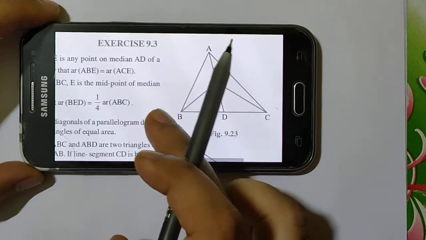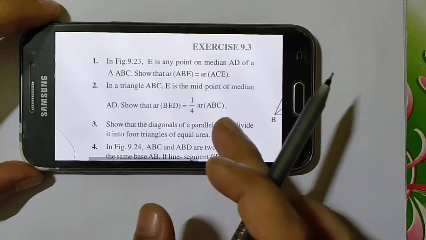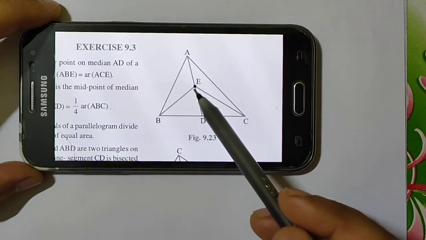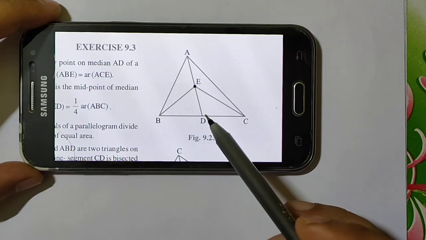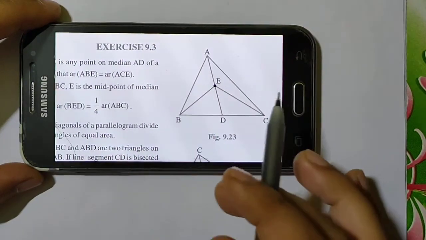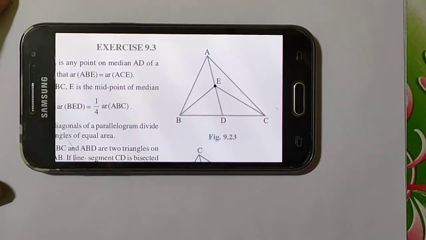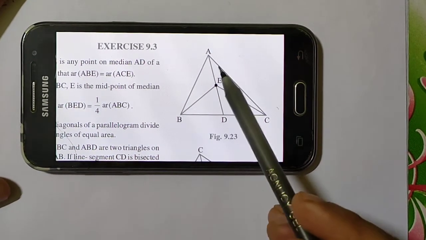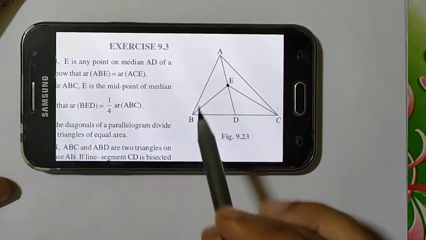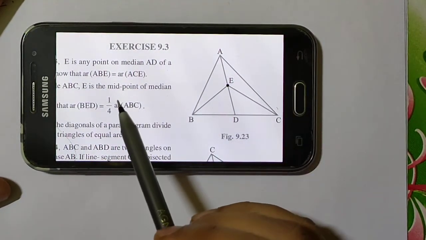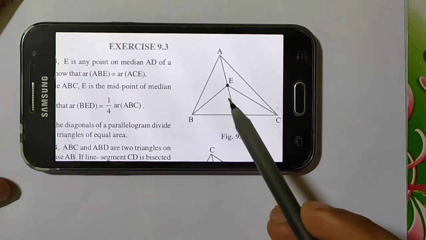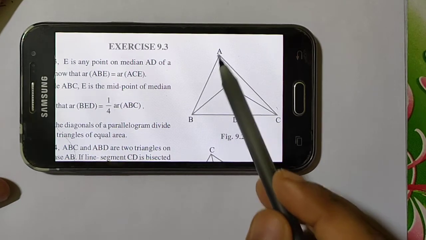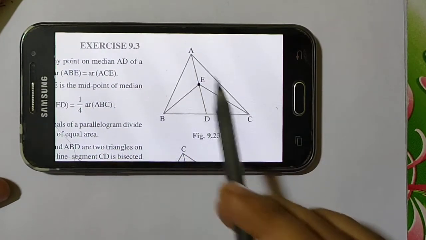Now I'm going to show you the picture which is given in figure 9.3. This is the point E on the median AD, and the question is asking from us. We can easily observe this figure and prove the required result, that is, area of triangle ABE is equal to area of triangle ACE.